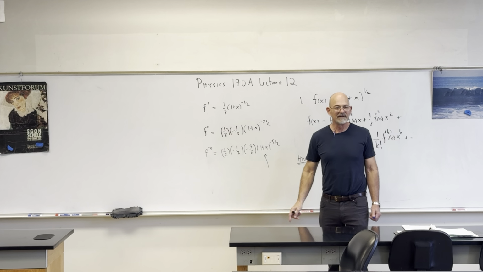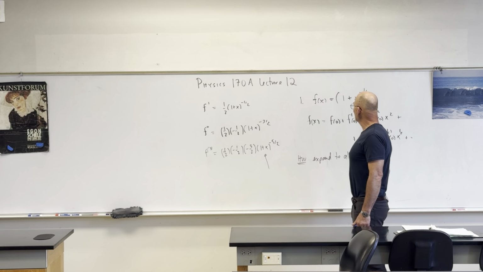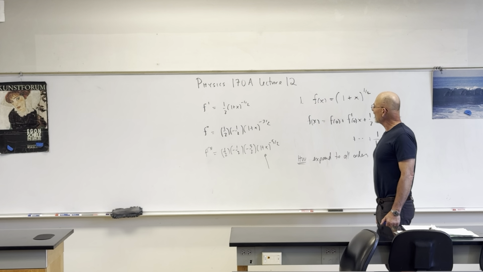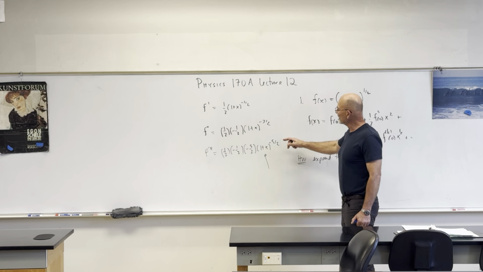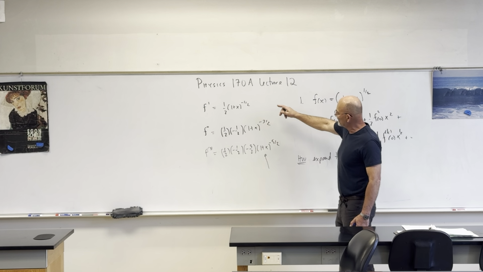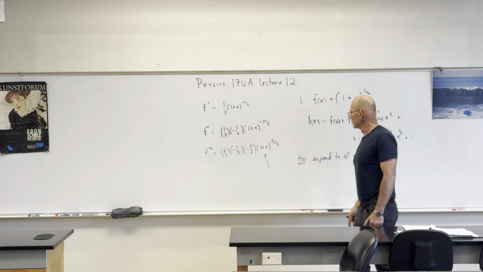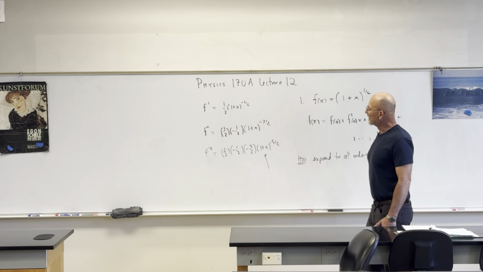So this one lends itself to trying to get it to all powers. The first derivative might not quite fit the pattern, but eventually you'll find a pattern. Okay, so good, that was that one.